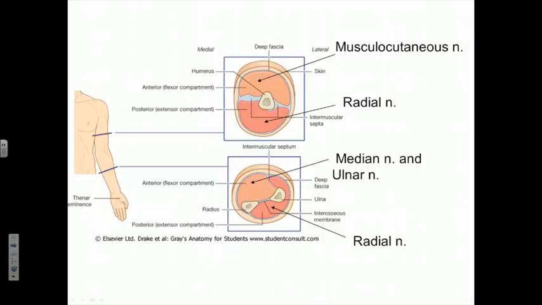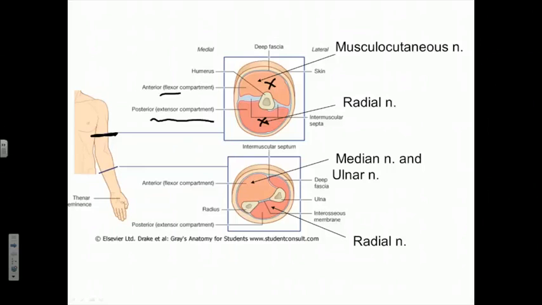So if we first make a horizontal section through the arm, we subdivide it into posterior and anterior compartments, and that's easy because all of the muscles in the anterior compartment of the arm that are acting mainly as flexors, as we saw, are innervated by the musculocutaneous nerve, and all of the muscles in the posterior aspect of the arm acting as extensors are innervated by the radial nerve.